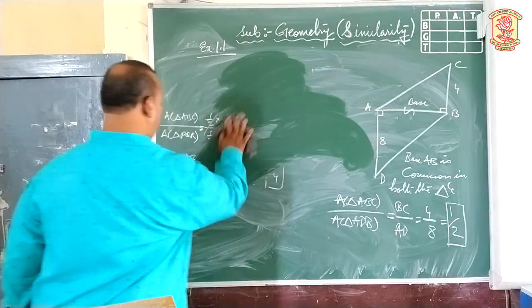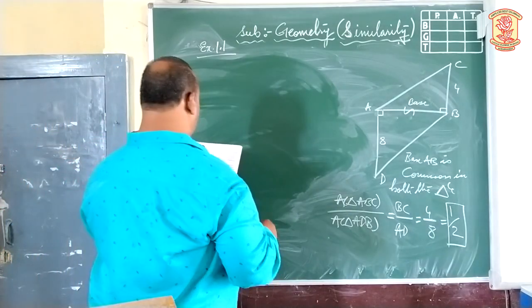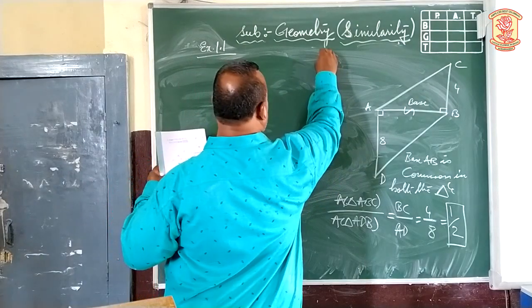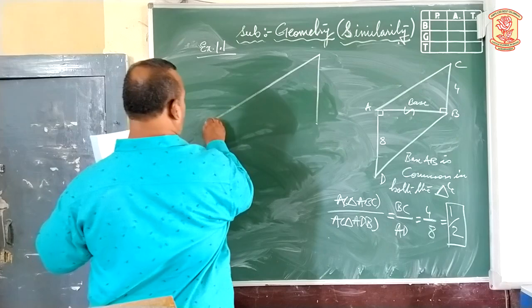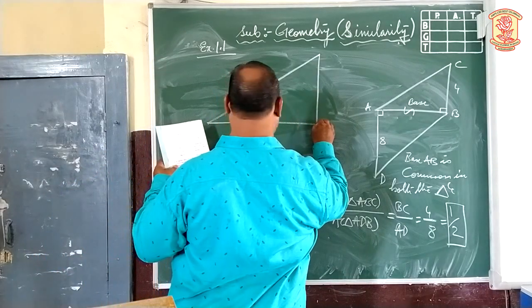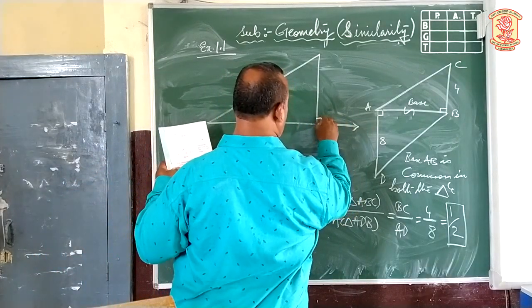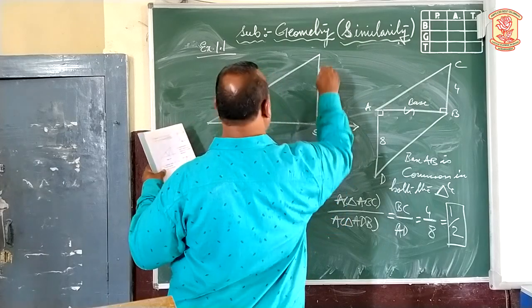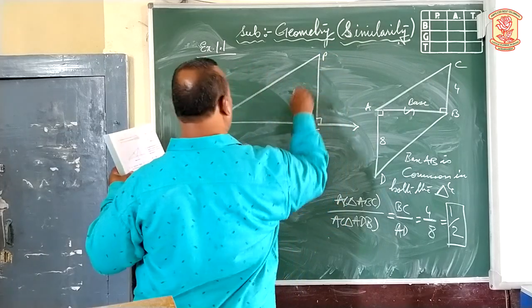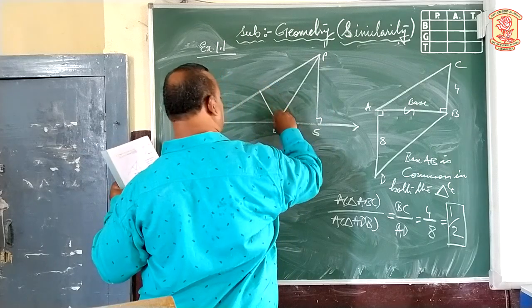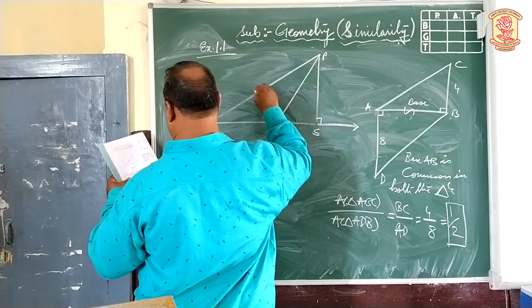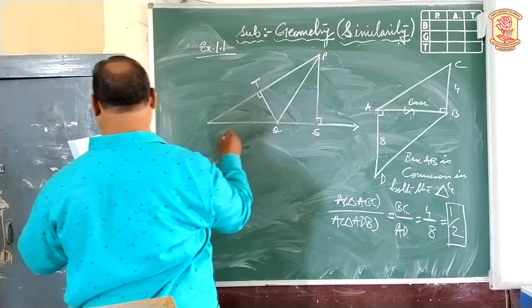Now the third sum. Again, refer to the figure. First we will draw the figure. PS is the altitude here. Again PQ is there. Again the altitude comes here of the triangle, that is T. QT is the altitude.